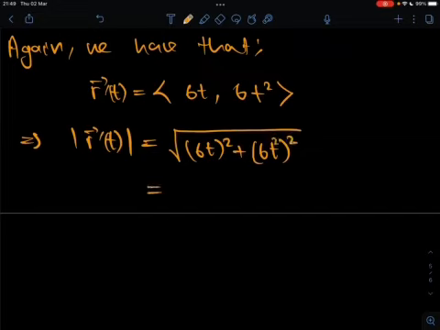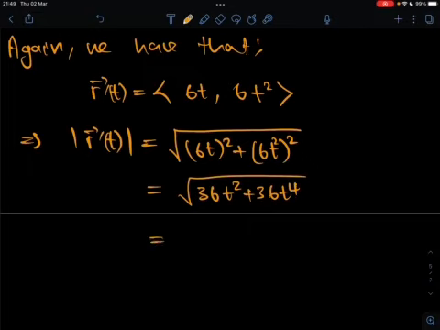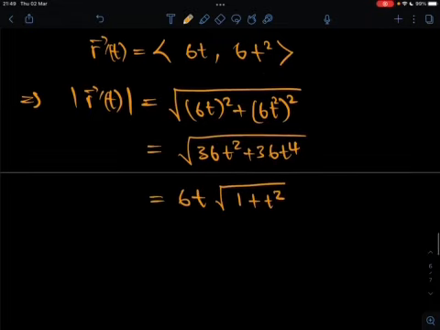So simplifying, we see that inside we'll have 36t squared plus 36t to the 4. But 36t squared seems to be common, so we pull it out, which way it comes out as 6t root of, inside will remain with 1 plus t squared. So which means that's what we're looking for. So therefore now what is the length of the arc that we're looking for?